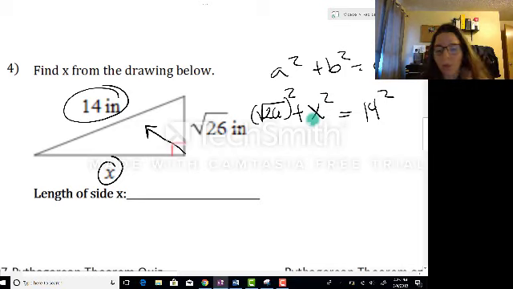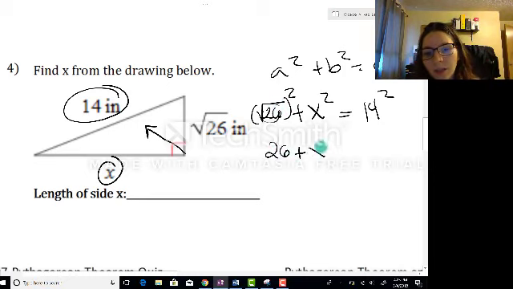Whenever you square a square root, you end up with the number underneath the square root sign. The reason for that, if you were to use PEMDAS, you would do what's inside the parentheses first. So you would take the square root of 26, and then you square that, and you end up back where you started. So you end up with 26. So 26 plus x squared equals, that ends up being 196.